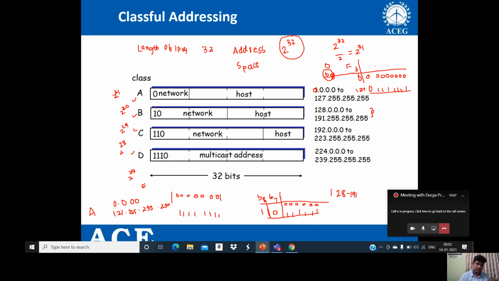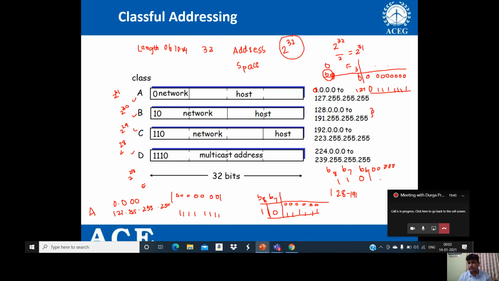Is it clear? Right. Then coming to class C, here the first two bits, B8 and B7, are ones, and the third bit, B6, can take a value of either 0 or 1. But for class C, the third bit is 0. So the fixed bits are 110, and the remaining 5 bits can take values from all zeros to all ones.